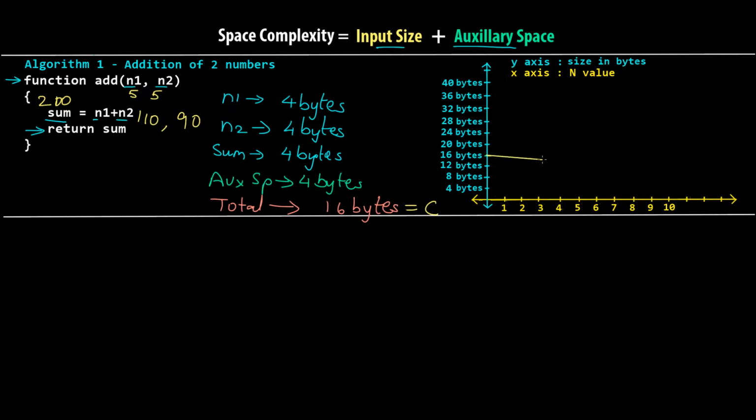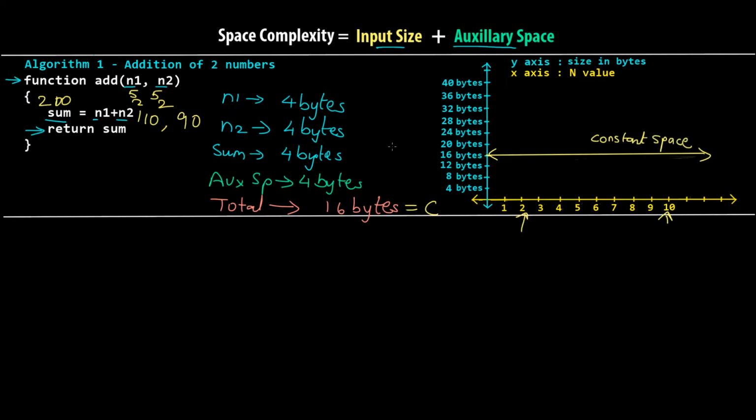The graph would look something like this. No matter what value you pass, let's say you pass 2 and 2, it is still going to occupy 16 bytes. If you pass 10 and 10, even then it is obviously going to occupy 16 bytes only. So you can see it is a straight line, which means it is a constant space. You can say that it is constant, right?